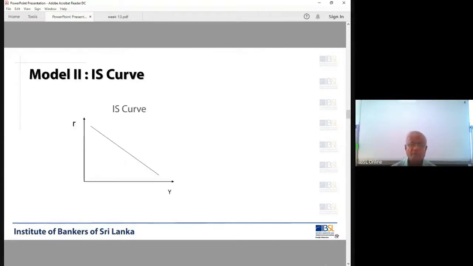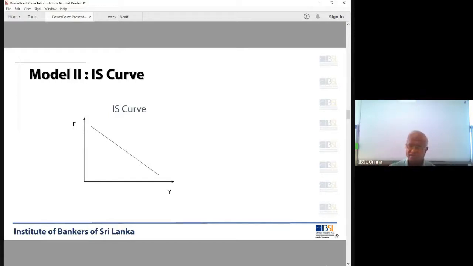Right? This is the IS curve. Along the IS curve, the goods market is in equilibrium. Or you can say it is the relationship between the combination of interest rate and income, Y and R, so that the goods market is in equilibrium.